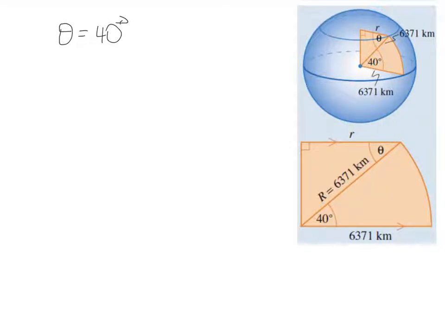So if we know our angle is 40 degrees, and I'm not sure if you actually remember this, but if you have an angle here, then this is the opposite, because it's opposite the angle. This one is going to be adjacent, and this one is going to be the hypotenuse.